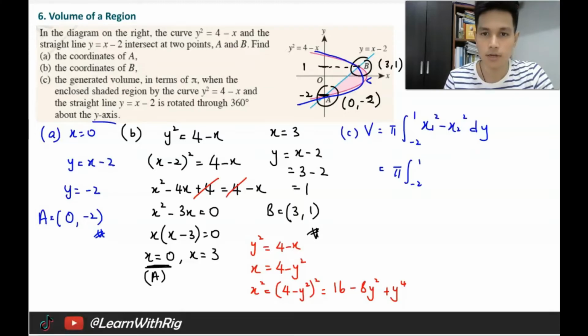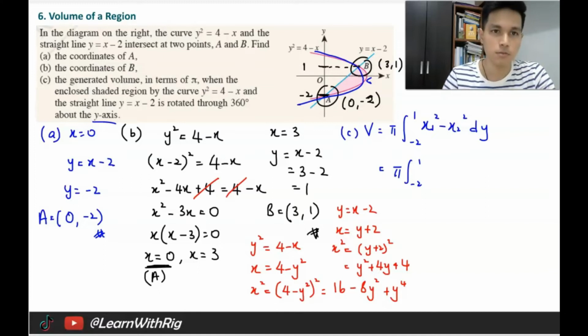So the straight line is y equals x minus 2, so x would be y plus 2, correct? So x squared would be (y plus 2) squared, which is y squared plus 4y plus 4.